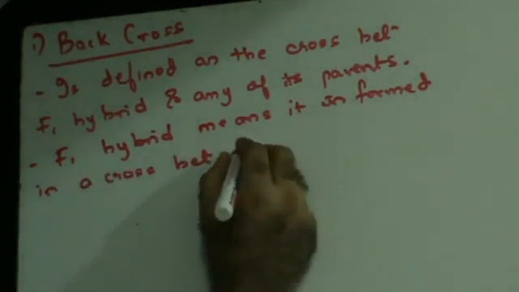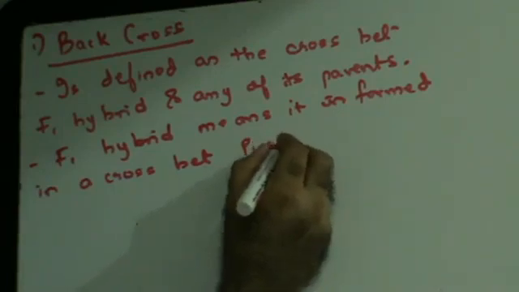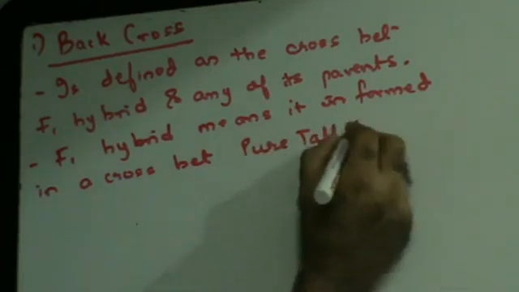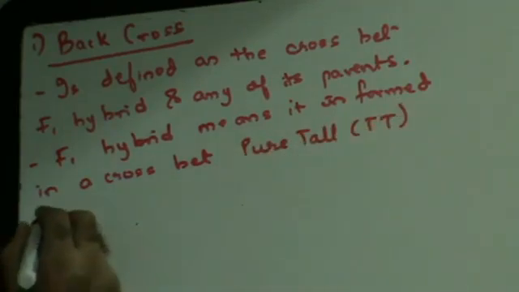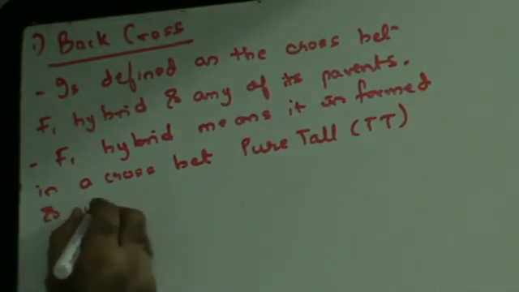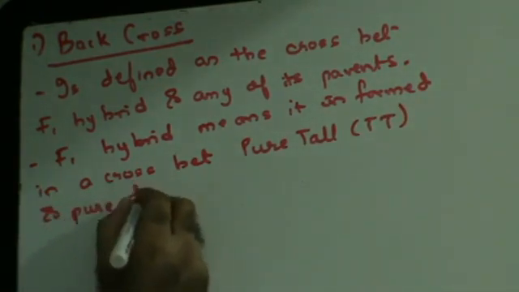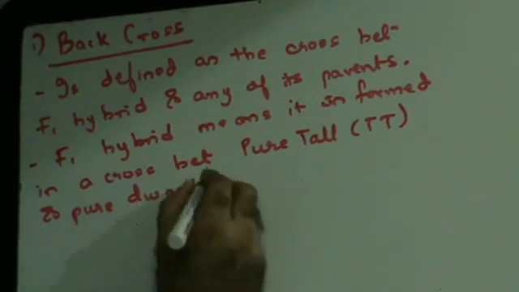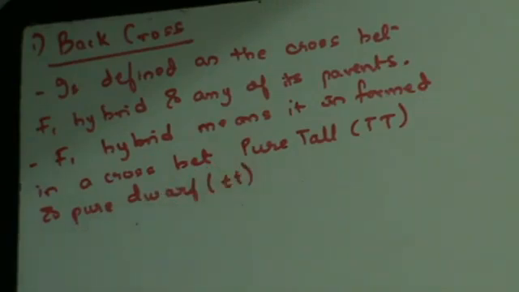Suppose if I take two characters as tall and dwarf, pure tall, that is TT, and pure dwarf, that is tt, right? That is how you will get F1 hybrid.